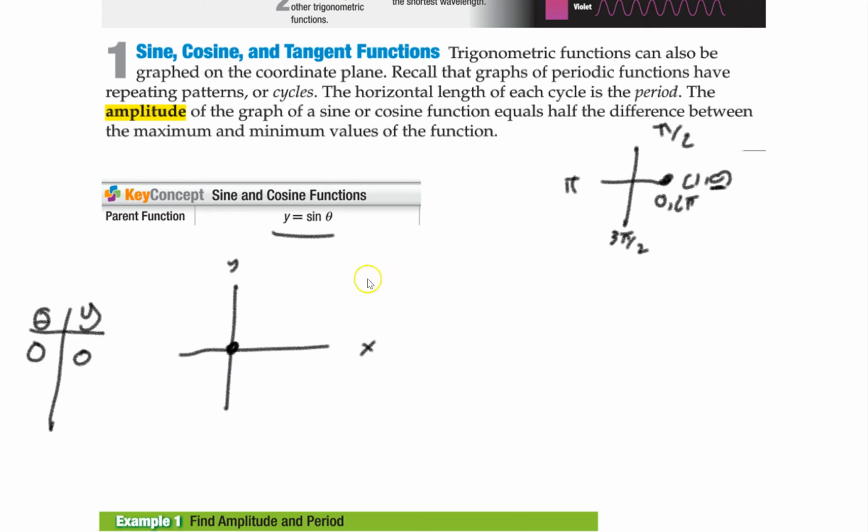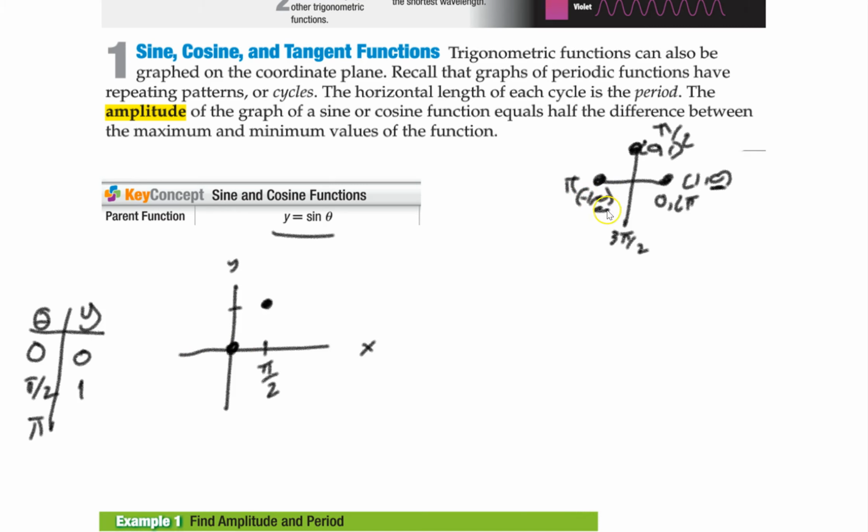Now I could do any one of them I want, but I'm going to go to the next big one right here, pi over 2. The sine of pi over 2, sine is a y value, 0, 1. So at pi over 2 it should be at 1. And then the next big one is right here, pi. At pi, that is negative 1, 0.